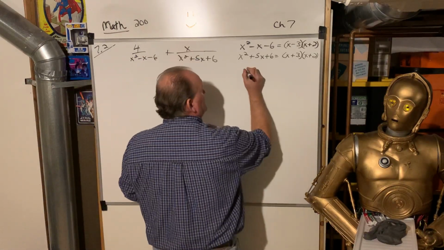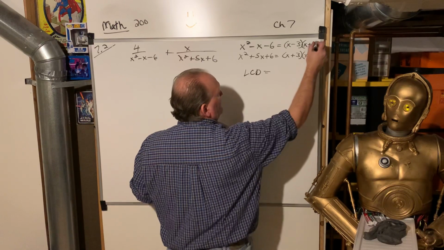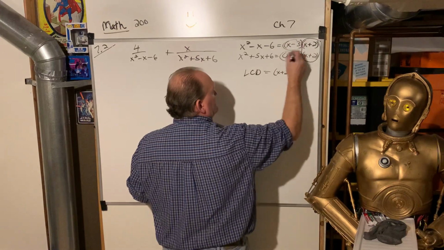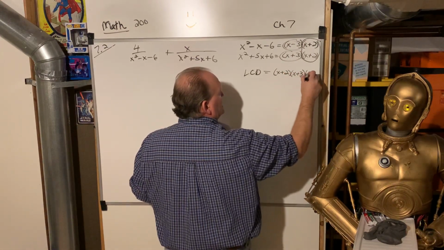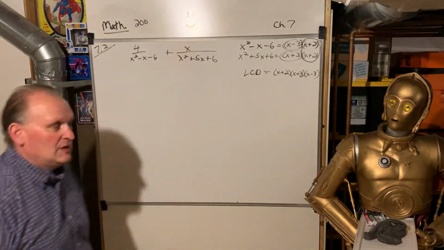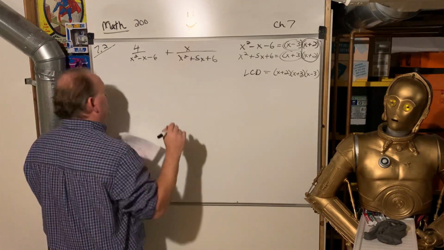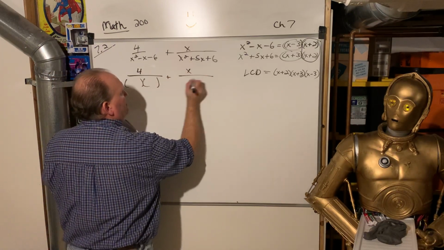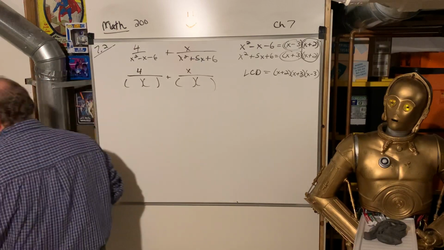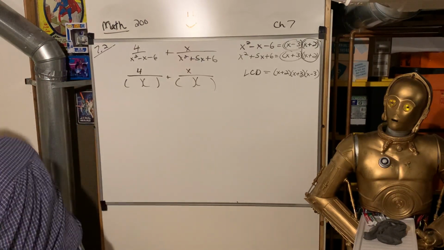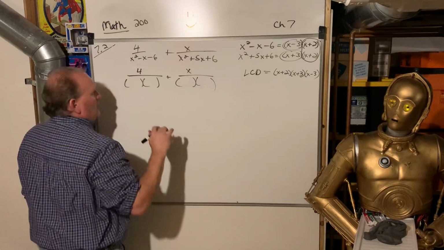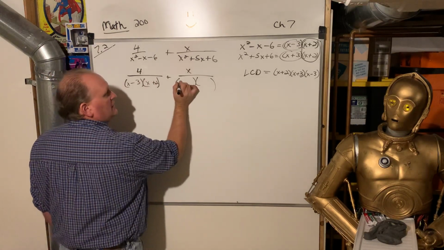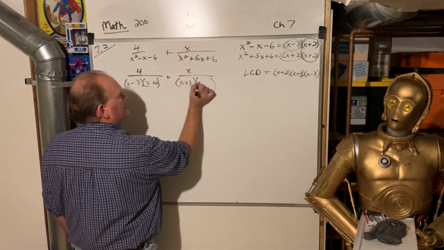So now our LCD. They have an x plus 2 in common, so we circle that, take it once. Left over, left over. Ooh, conjugates even. All right? So now, do yourself a favor, put this step in there, write these out in factored form before you start. x minus 3, x plus 2, x plus 3, x plus 2.